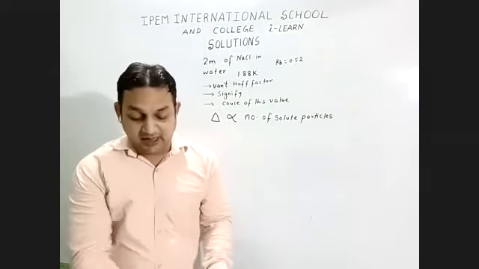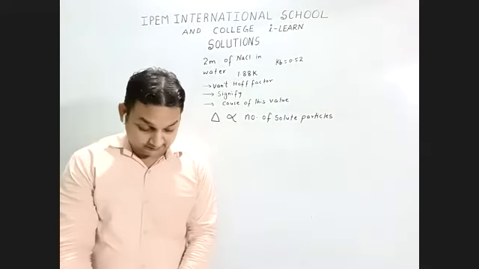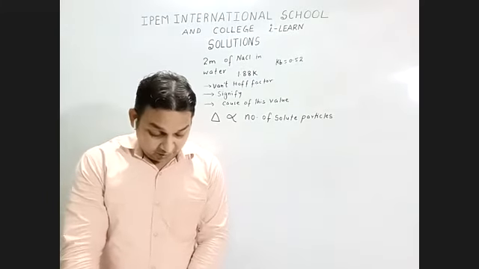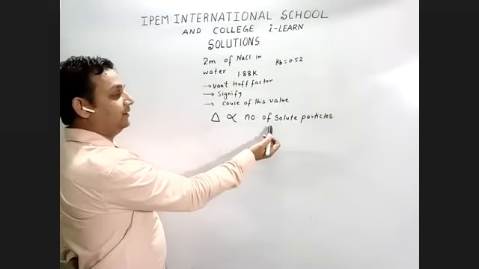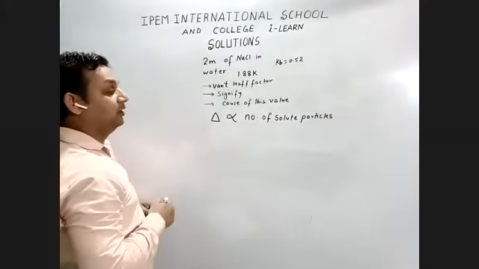Now, what we have to do here is abnormal molecular masses. When we find out the molecular mass of a solute from the number of solute particles, we have a relationship.